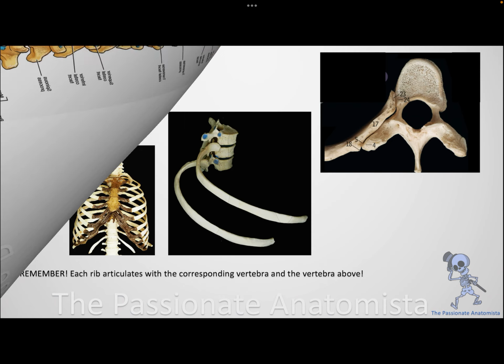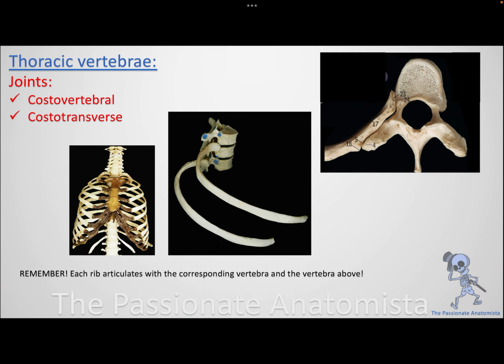I want you to know one important thing before we think about it: each rib articulates with the corresponding vertebra and the vertebra above. So if that is your rib, it articulates with the same number of the vertebra and the vertebra above, by its head and tubercle.